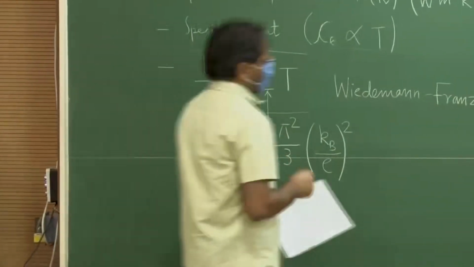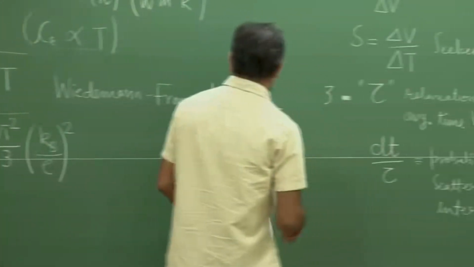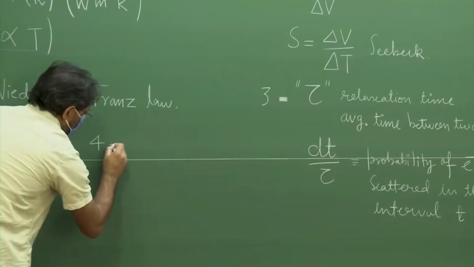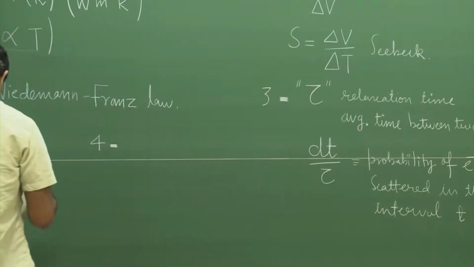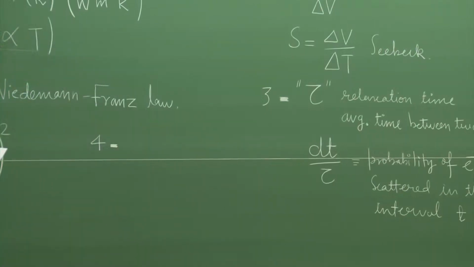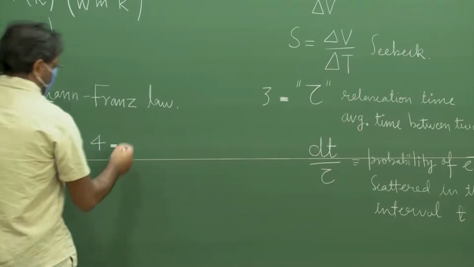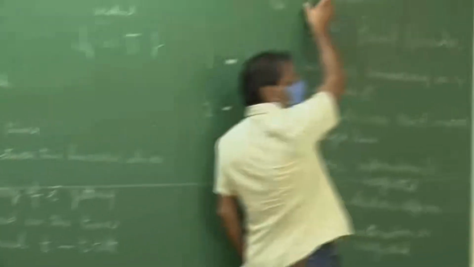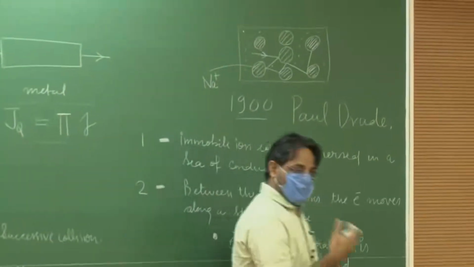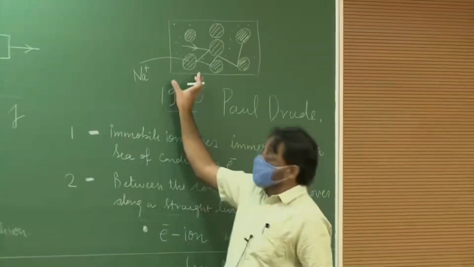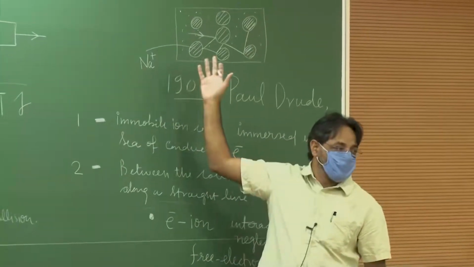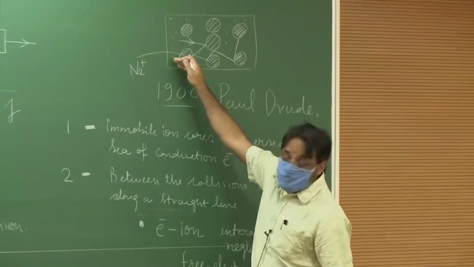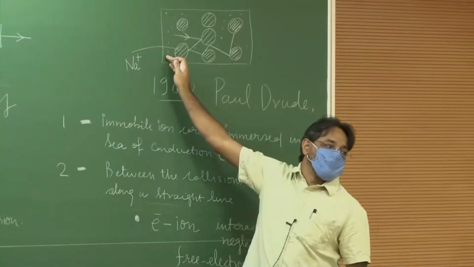Now, the fourth point and the last one before we come to a more formal way of writing the model. Suppose you create a temperature gradient, suppose you start heating it here, then the electrons in this region will have more velocity or speed. But that heat will not remain localized here because it's a metal.